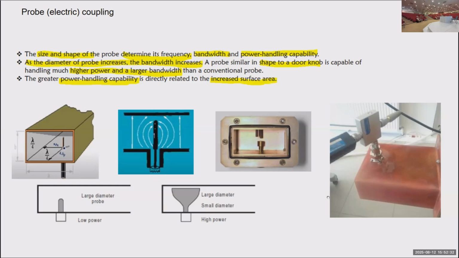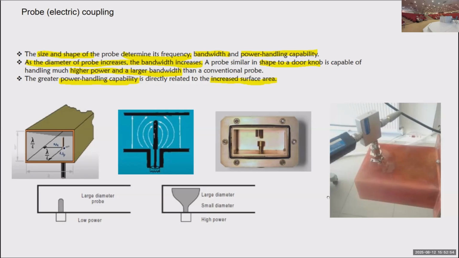Those are the dimensions and sizes, which are also important. And this is the low power one. That's the high power one. We constructed such a one for about 352 megahertz.